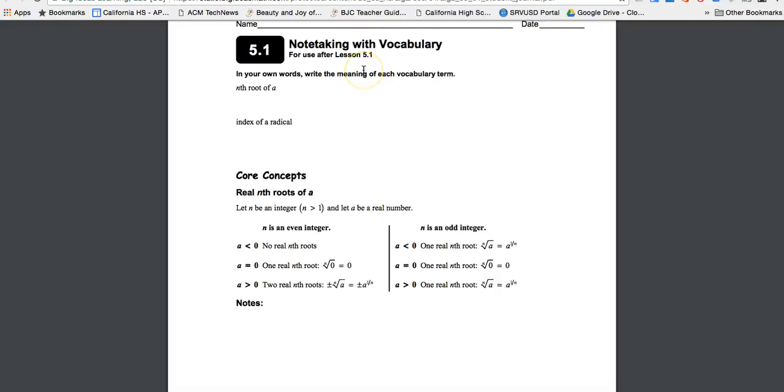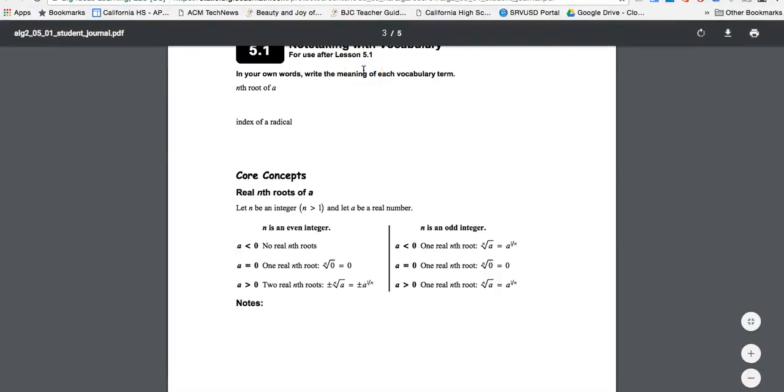Now I'm going to go ahead and write a little bit for you. So what this means, again, for an integer n greater than 1, that means that b to the n, so that's written like this, b is your base and n is your exponent.